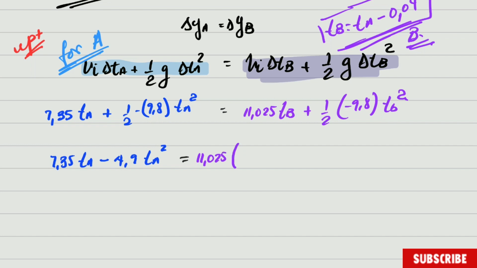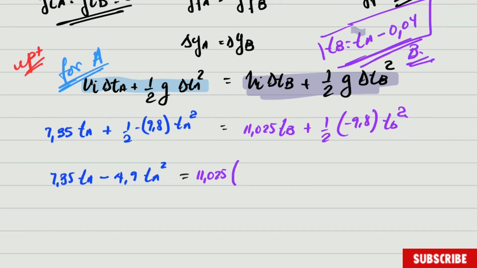We are going to substitute the equation we have on top, so we have everything in terms of TA. So this one is TA minus 0.04, everything plus half, minus 4.9 bracket, TA minus 0.04 everything squared.